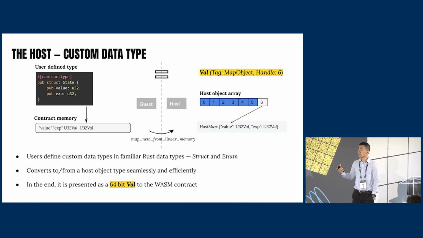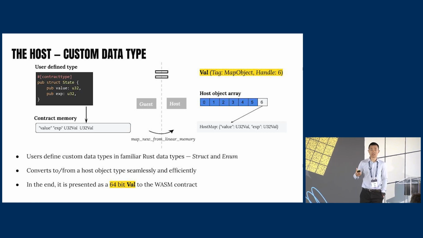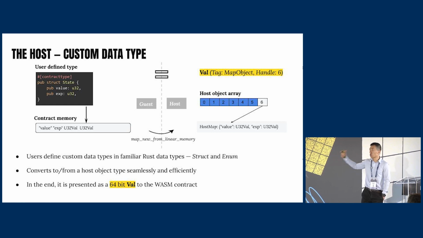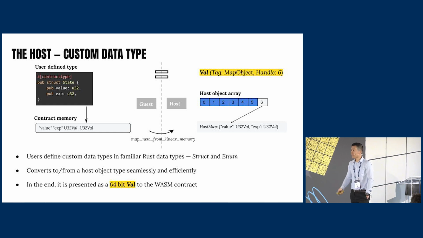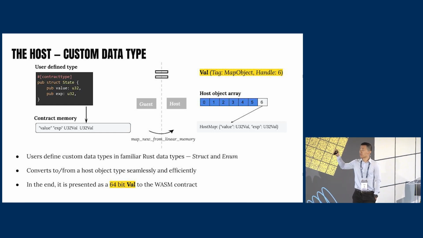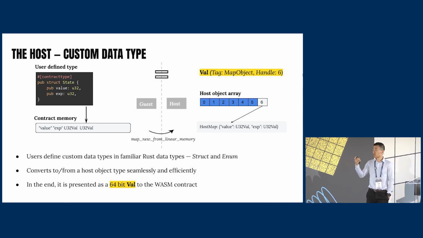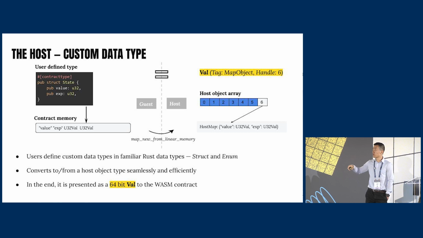When you write this with the help of the Soroban SDK, it is automatically attached with some convenience methods that allow this to be seamlessly converted to the host side, to the 64-bit integer. So how is it done? First of all, the State object is written on the guest side into the contract memory. The keys are written as strings and the values into the memory.